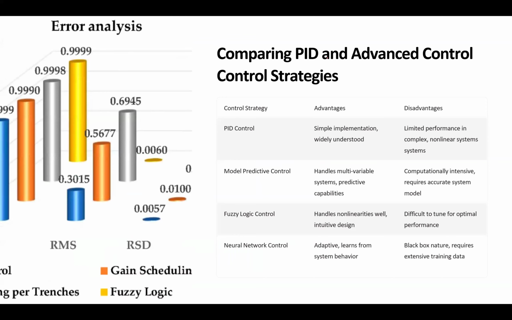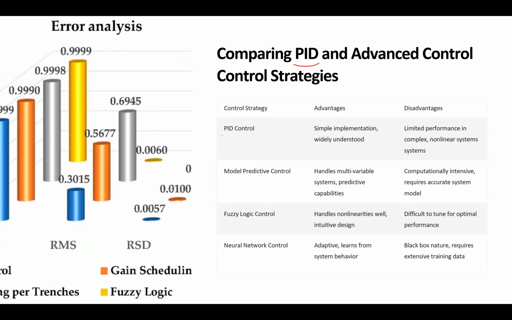Now, at the end, because I only mentioned the PID as a control system, I wanted to reserve this slide for comparing the PID that we focused on with different types of control systems that we could use also for our purpose.